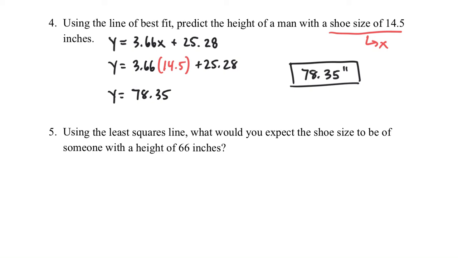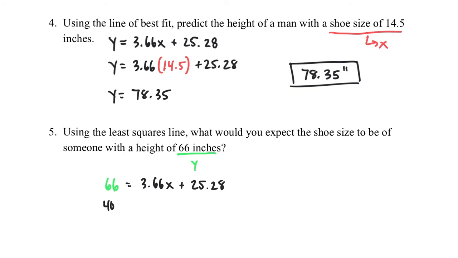Now, we're going to do something similar with this one, but notice that this time they're asking us what we would expect the shoe size to be, and they're giving us the height. The height is the y value. So instead of plugging in for x, I'm going to plug in for y. 66 equals 3.66x plus 25.28. Now all you have to do is solve this equation. I'm going to subtract 25.28 from both sides.